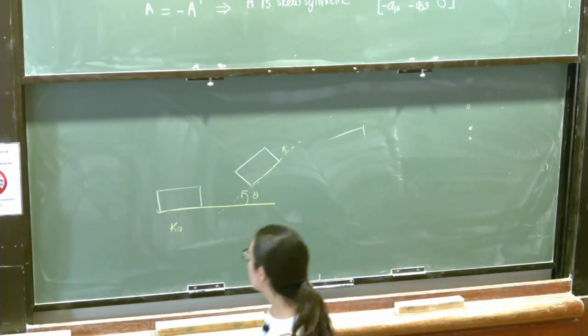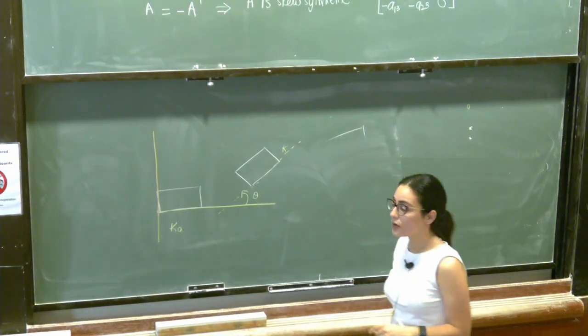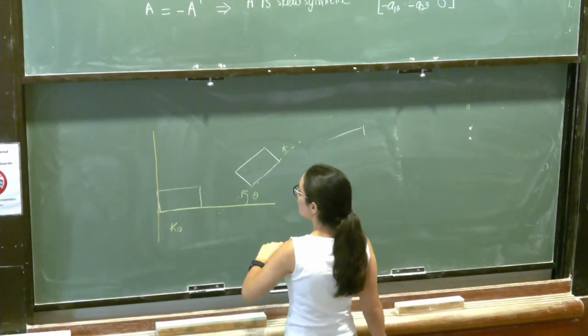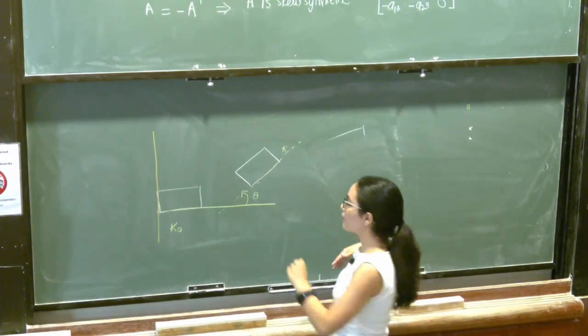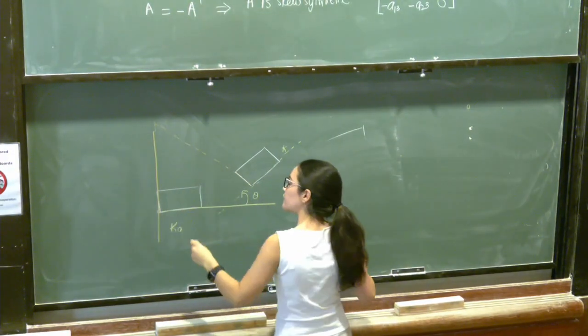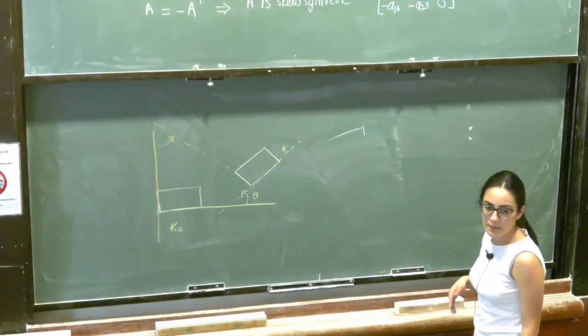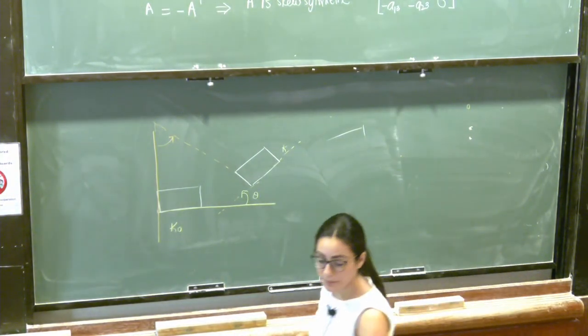Okay? Now if I take another material line in the reference configuration and look at the same line in the current configuration, what do you think this angle is going to be? It's going to be the same.